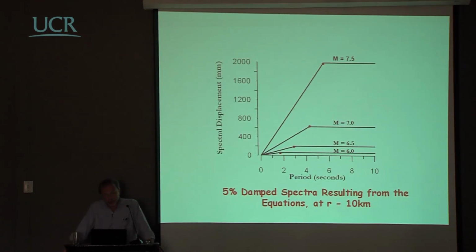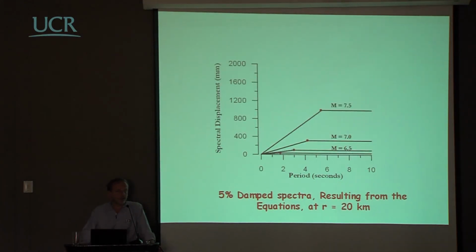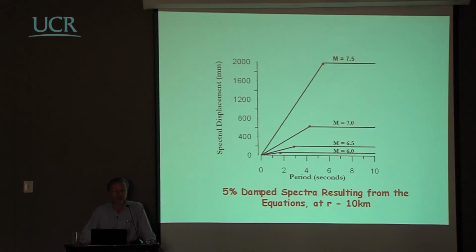What you see here is the effect of magnitude, of course. But if I go here and I take the same magnitude at 20 kilometers distance instead of at 10 kilometers distance, you see that the effect is extremely significant. The difference between a magnitude 6 and a magnitude 7 earthquake is very large, both in terms of corner period and displacement demand.